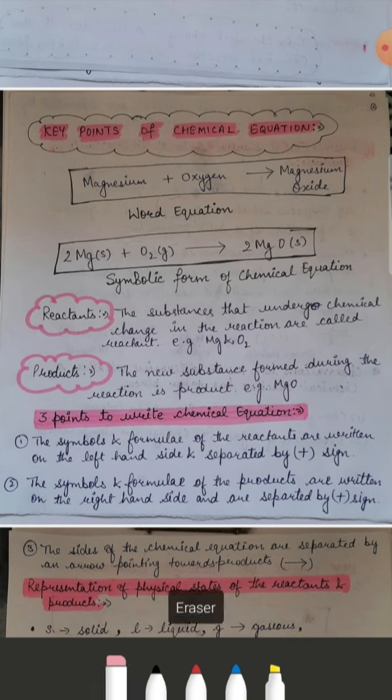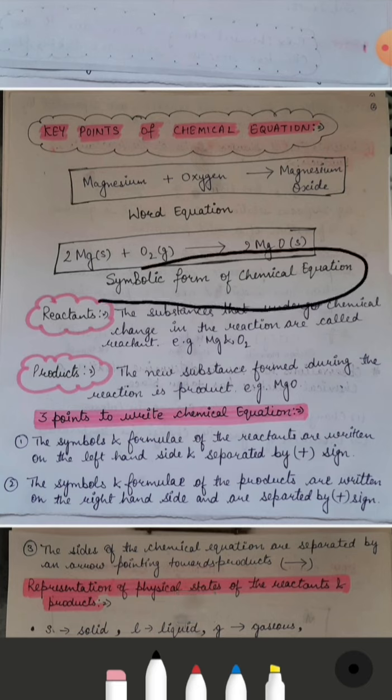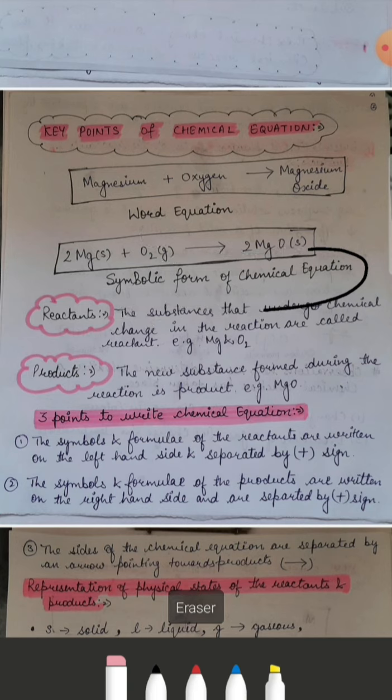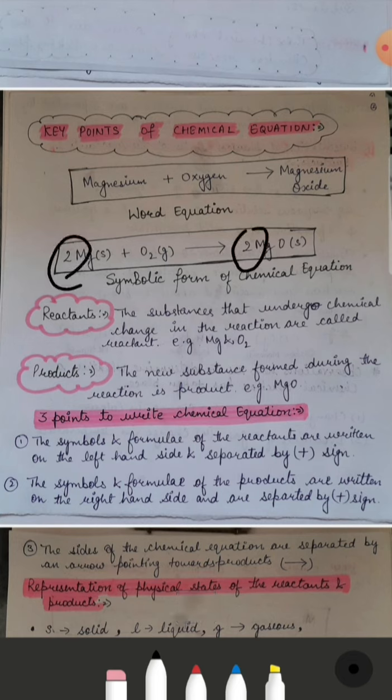And in a similar manner, I have written the equation in the form of symbols. This is the symbolic form of equation, because it is in the form of symbols. And these two I have written here and here, we are using for balancing this equation.